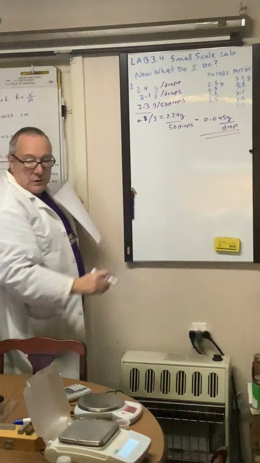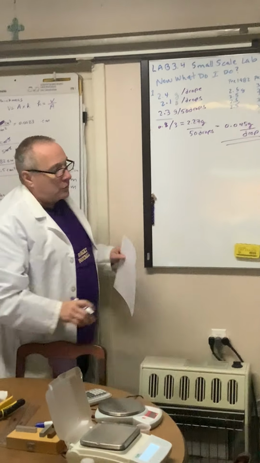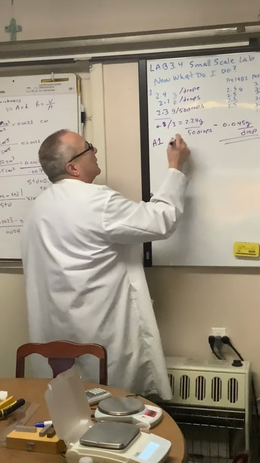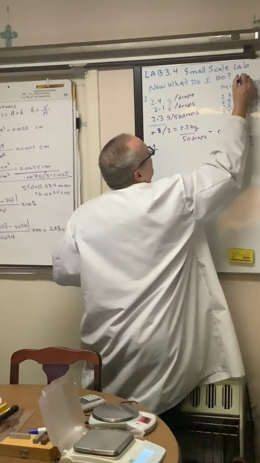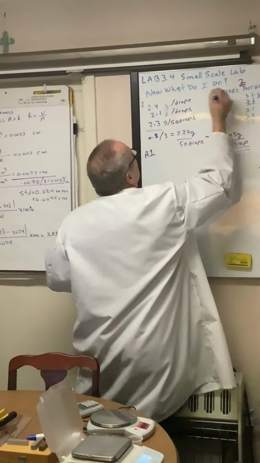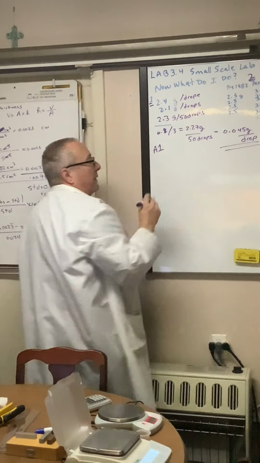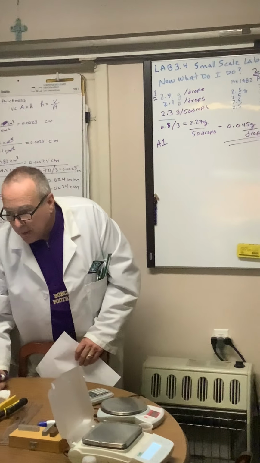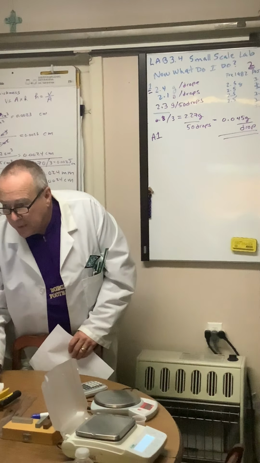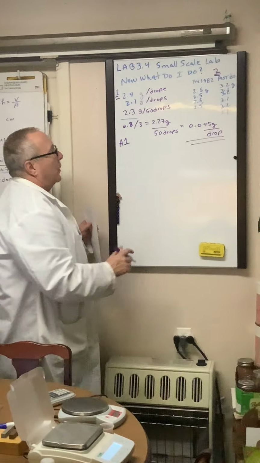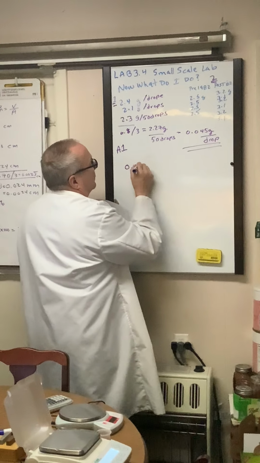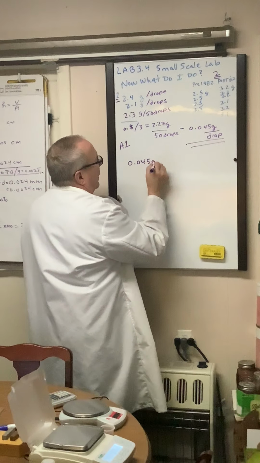So this is the analysis question 1. A1. This one was 2 over here. This one was 1. So that's my answer for that. And then they want it in milligrams. So here is my 0.045 grams per drop.